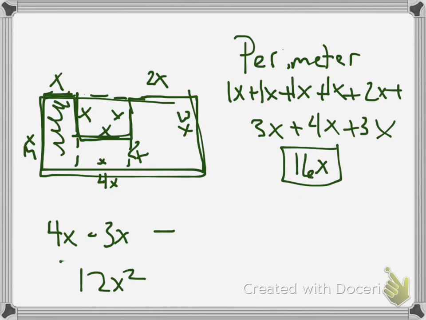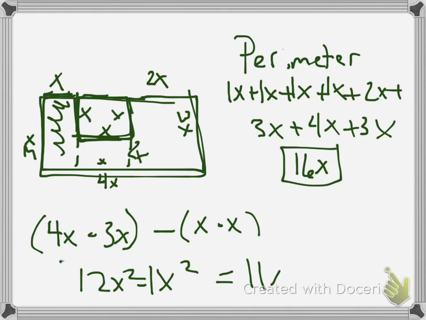But I would need to subtract this little square here. That's x times x, which is x squared. So 12 minus 1 gives me 11x squared. There are different ways you might get to this answer, and it depends on what you happen to see. Honestly, I didn't see this method until I was making this recording for y'all.